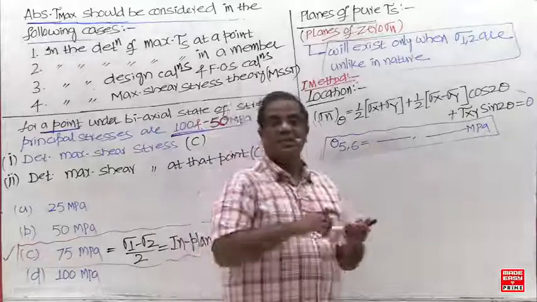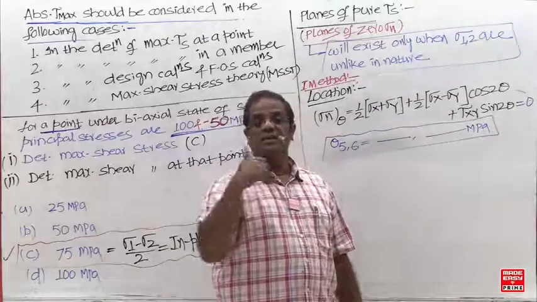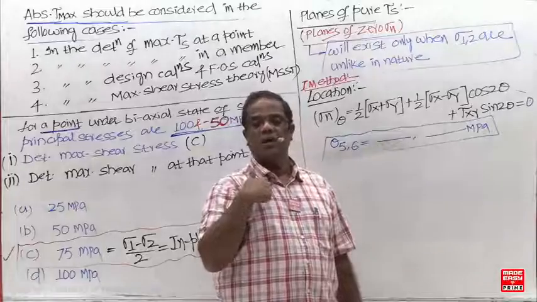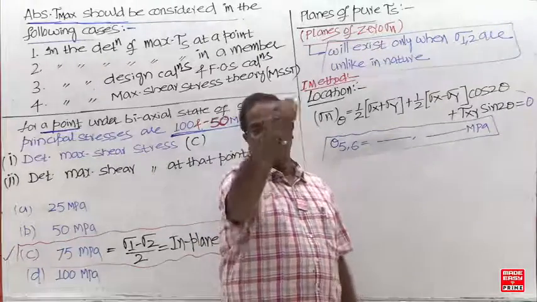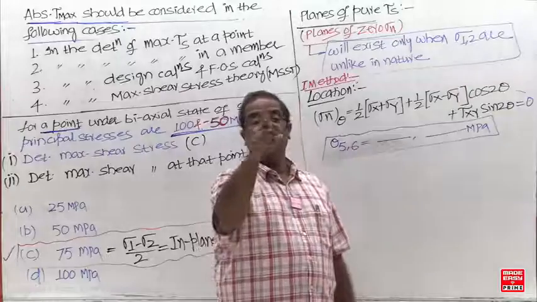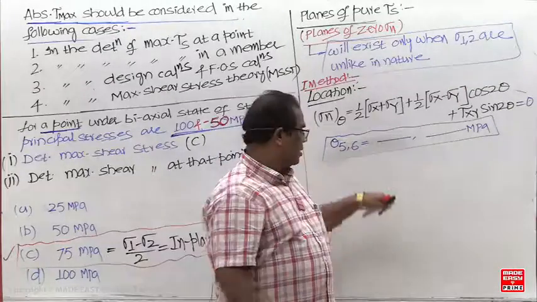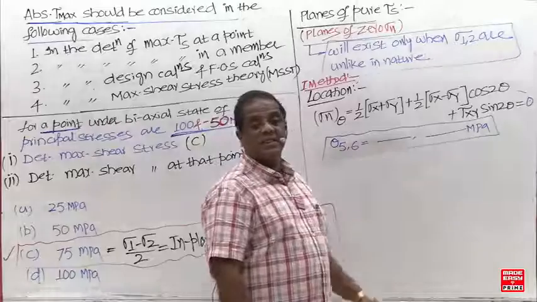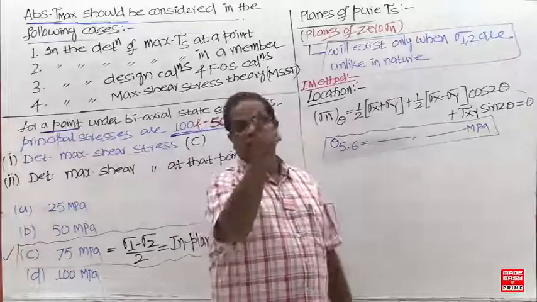Now already I used theta 1 and theta 2, which is not a standard notation. Theta 1 and theta 2 represent the location of the principal planes from the x face. Theta 3 and theta 4 represent the tau max plane location from the x face. Now theta 5 and theta 6 are the locations of the planes of pure shear stress, once again from the x face.